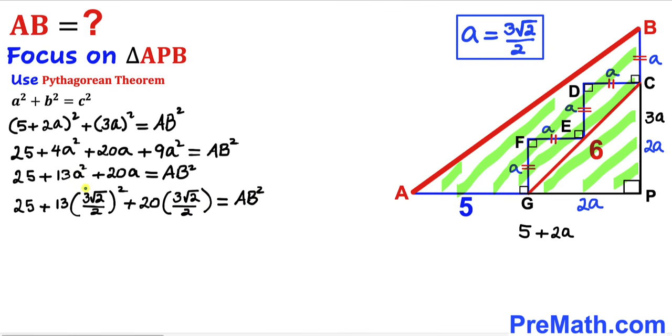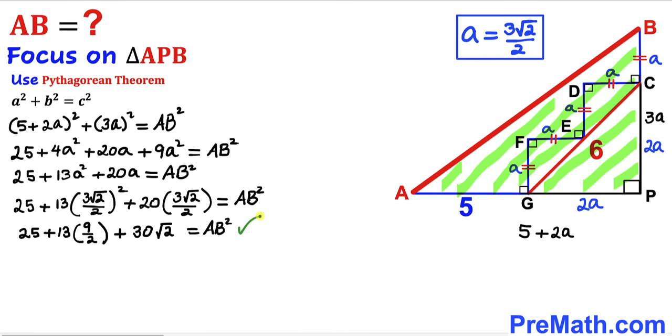And now let's make an observation. If we take the square of this one, that is going to give us 9 divided by 2. And likewise, when we multiply this whole thing, that is going to give us 30 times square root of 2.